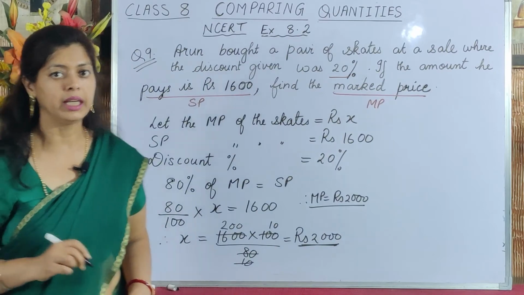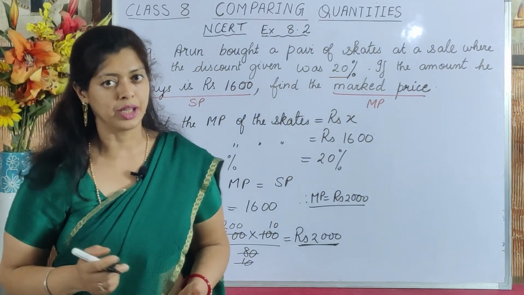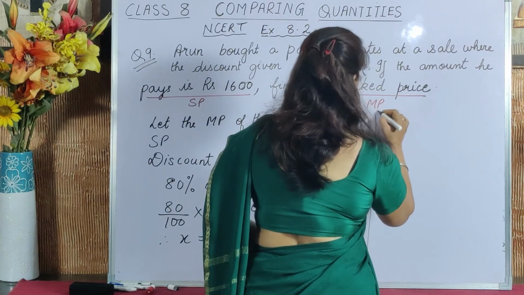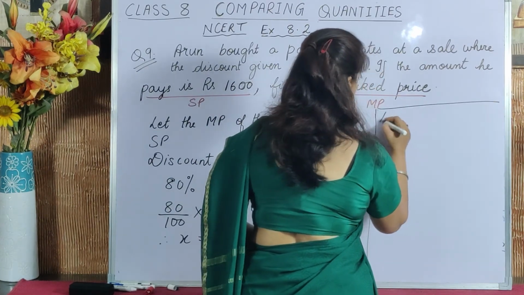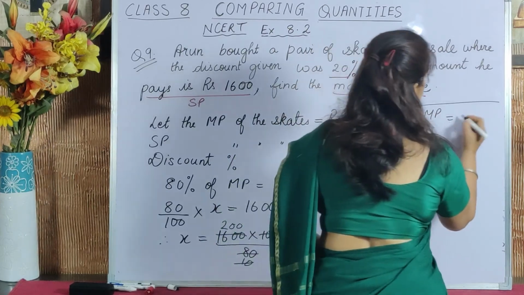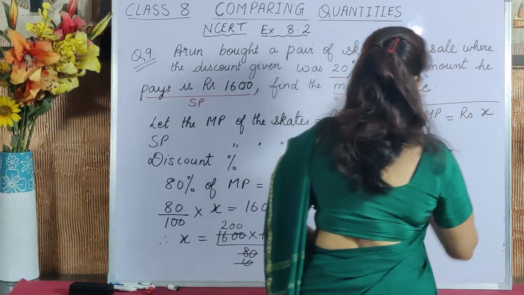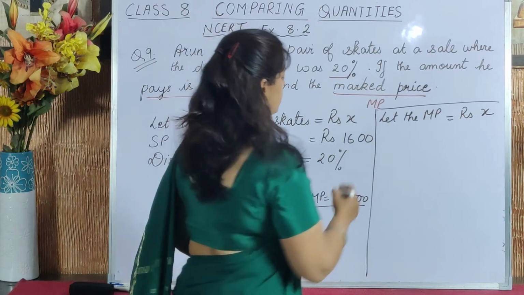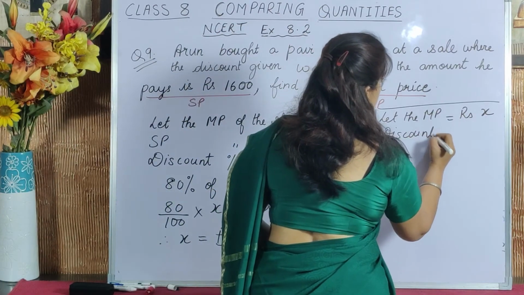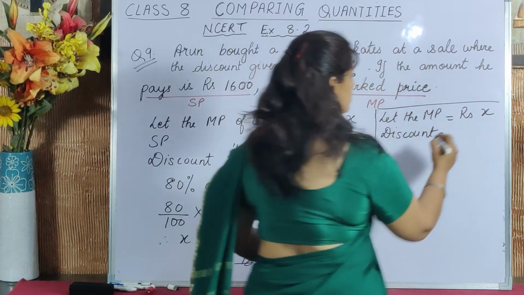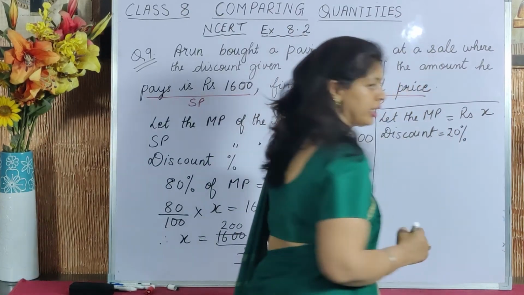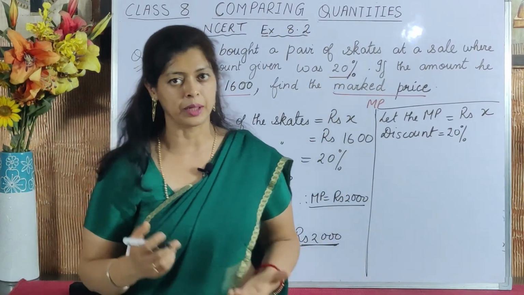Now I'll solve with the other method, which is the conventional method. So again you take the marked price as rupees X. Let the marked price be equal to rupees X and discount is 20% of the marked price. Discount is always calculated on the original price or the marked price.